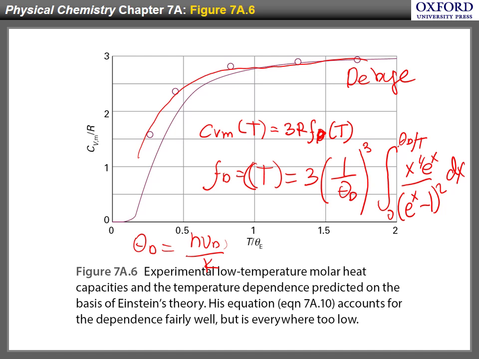Now, the integral part, we need not worry about that. That portion is calculated through current mathematical methods by computers very well, and basically we don't need to derive it.